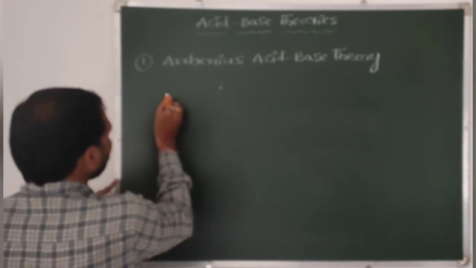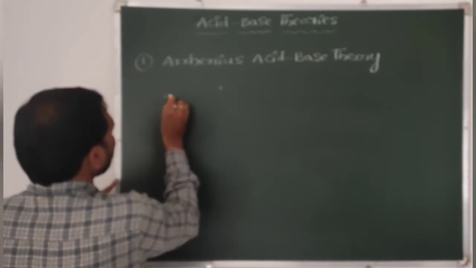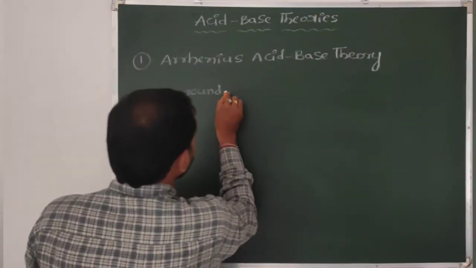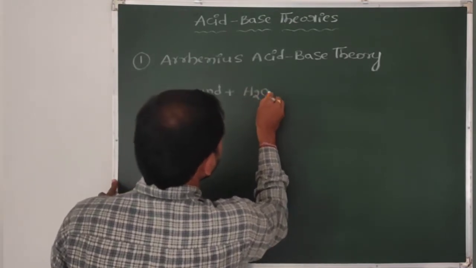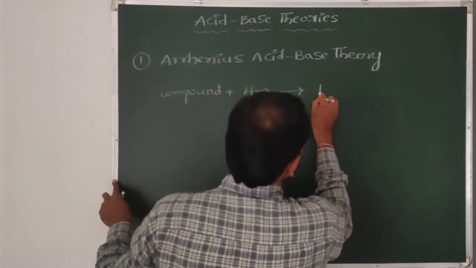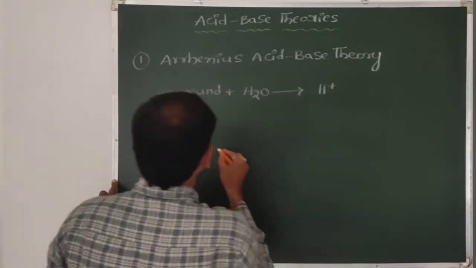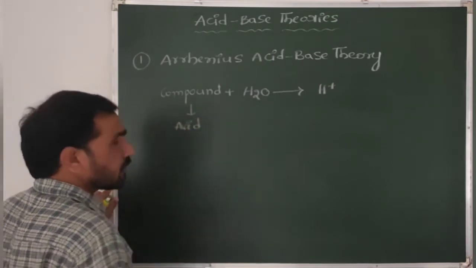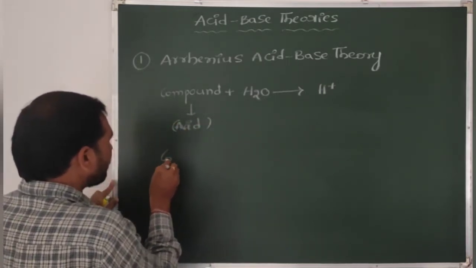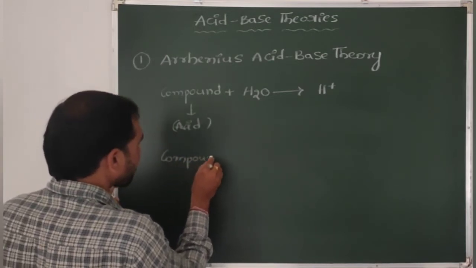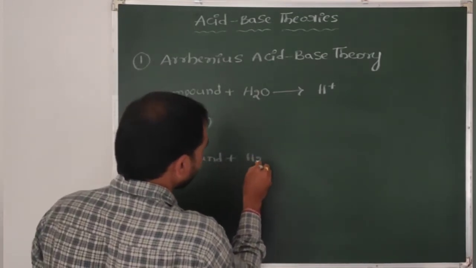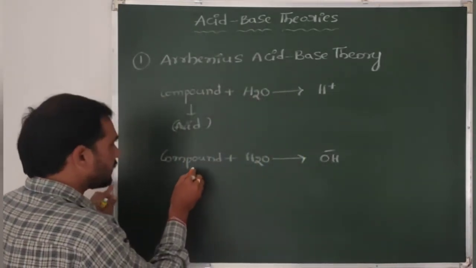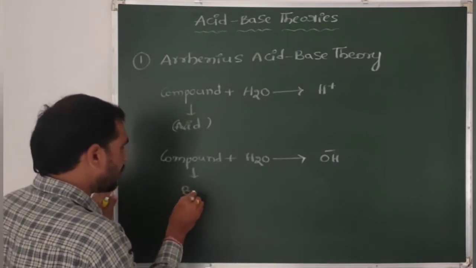So for example, a compound plus water in aqueous medium produces H plus. So this is called an acid. Then if you take a compound that, when dissolved in water, produces OH minus ion, this compound is called a base.